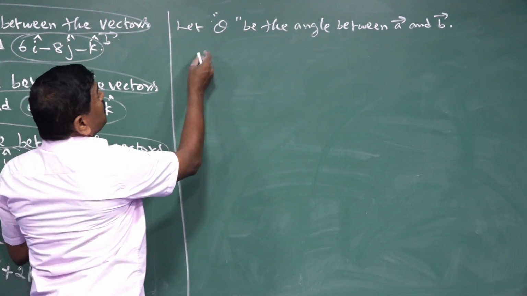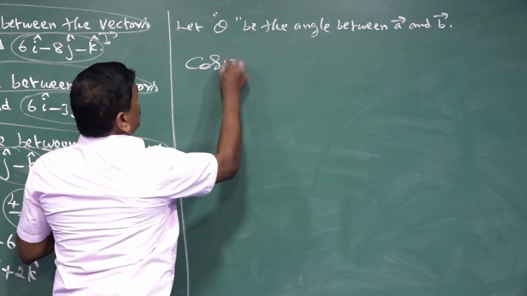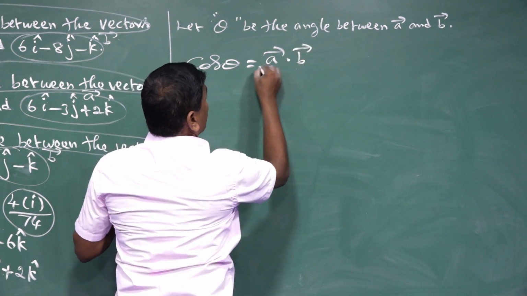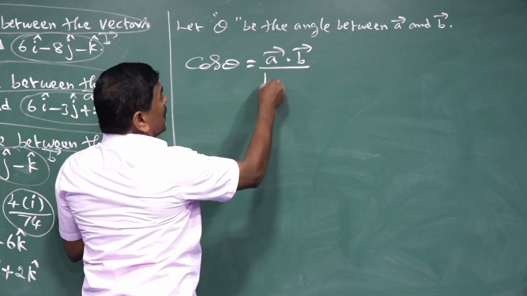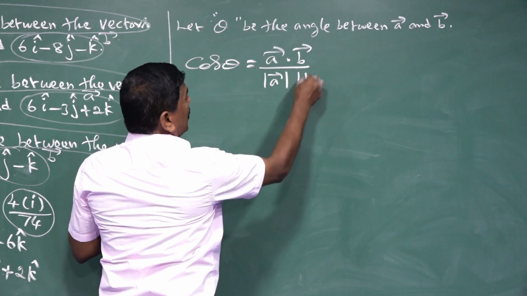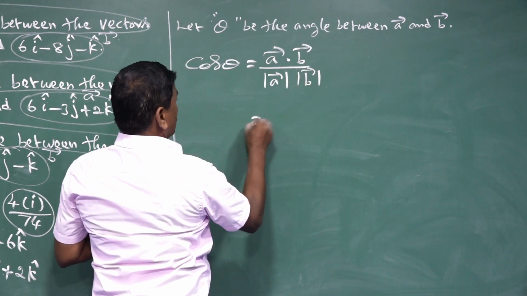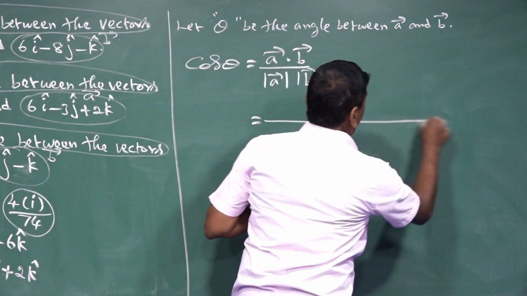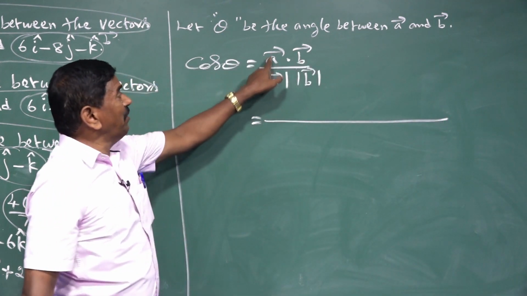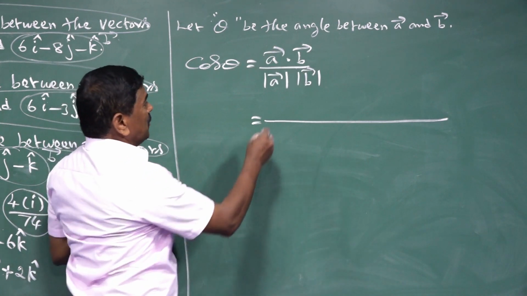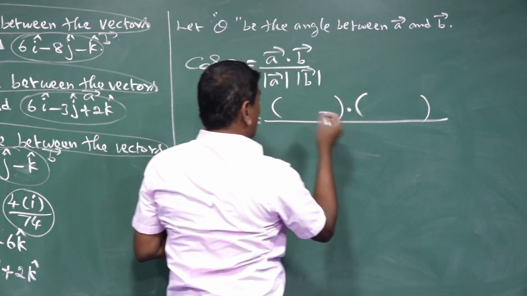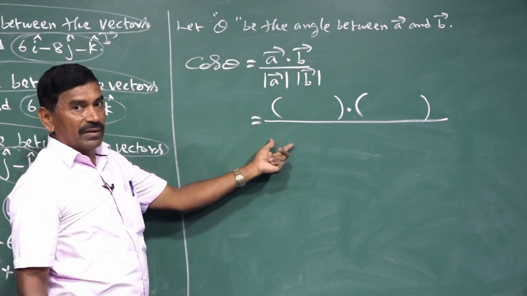Then it is given by the formula cos theta is equal to A vector dot B vector divided by modulus A vector into modulus B vector. Numerator is A vector dot B vector, divided by modulus A vector.